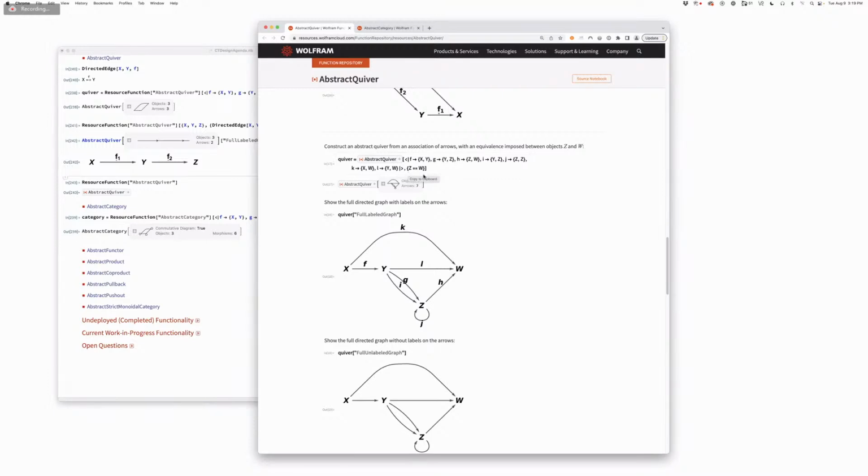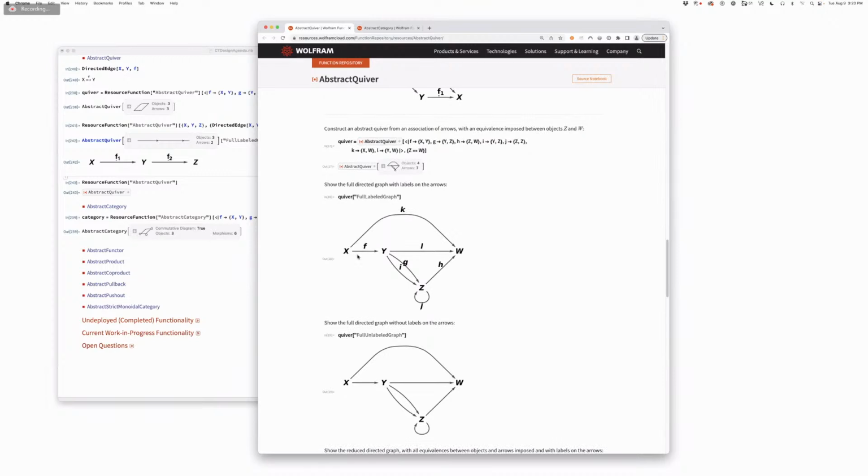Okay, so wait a minute. First of all, we've got this collection of morphisms between these objects. Arrows. Right. So there is no transitive closure. It's just what you specify is what you get here, right?